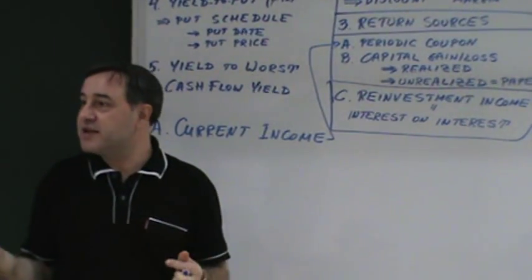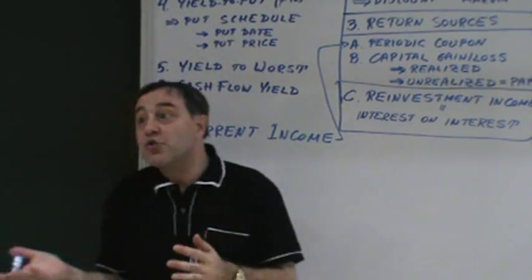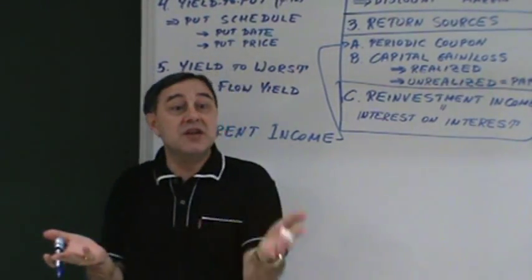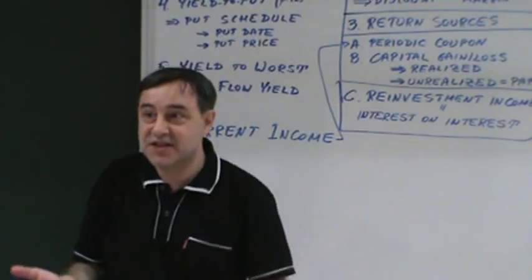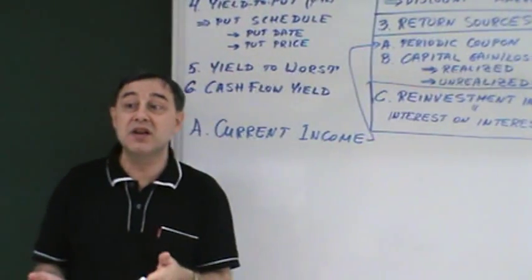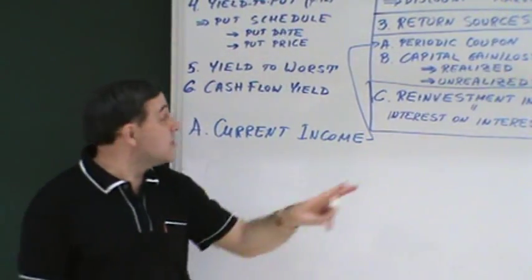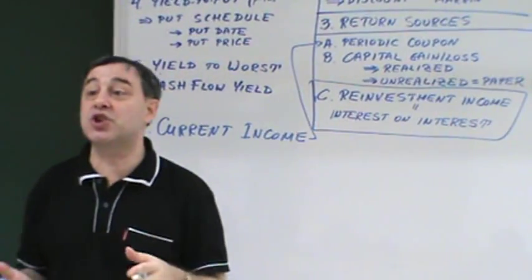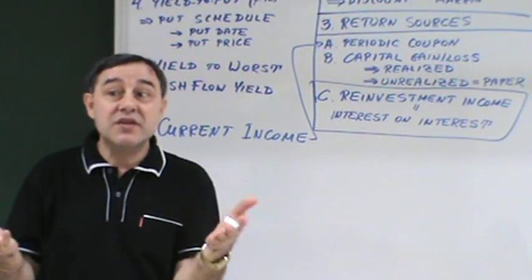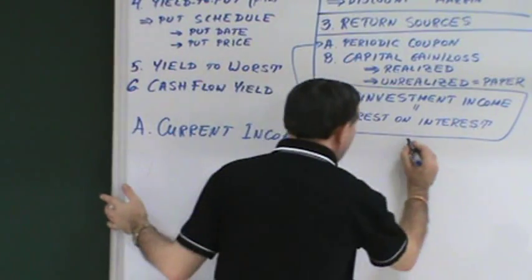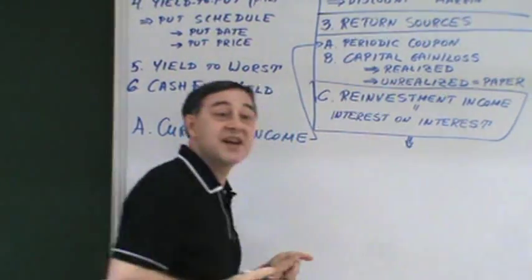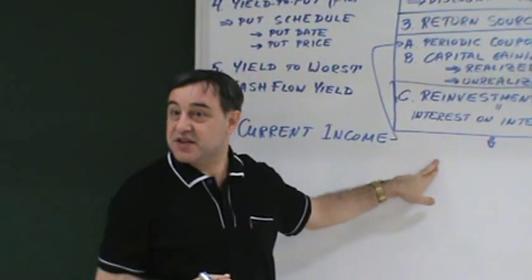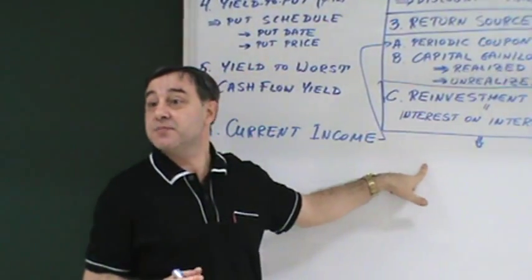But what does the reinvestment income depend on? Reinvestment income depends on the reinvestment rate. This is the interest rate at which you will reinvest it. And reinvestment income is subject to the reinvestment risk. So, for many long-term bonds, the biggest risk is actually reinvestment risk.